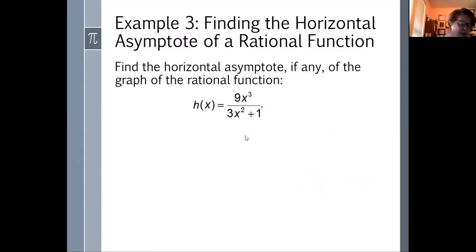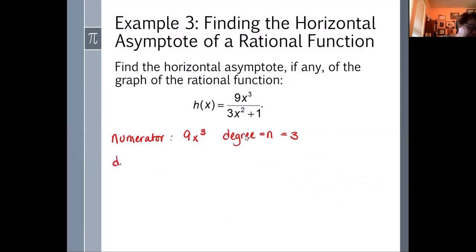Our last example, h of x equals 9x to the third over 3x squared plus 1. Again, let's look at the numerator of our rational function, that is 9x to the third. The degree, which we call n, is 3 because that exponent on that x in that numerator is the number 3.